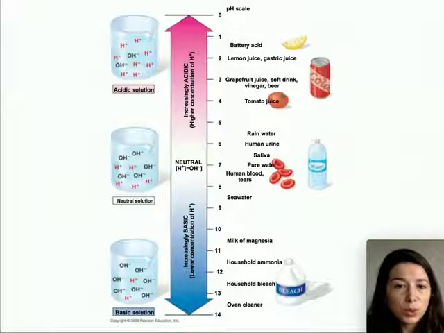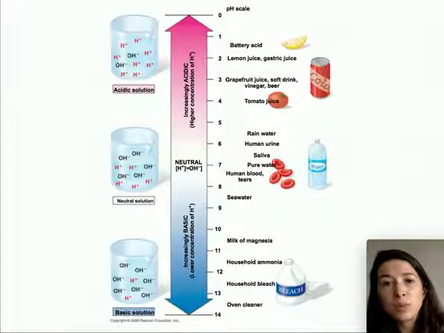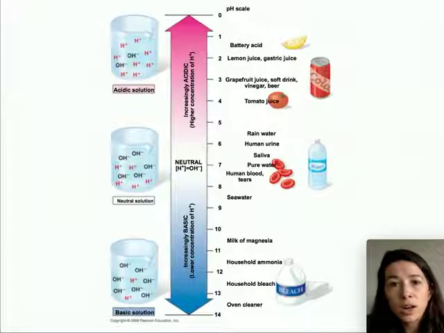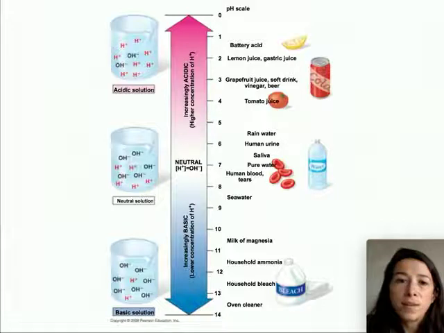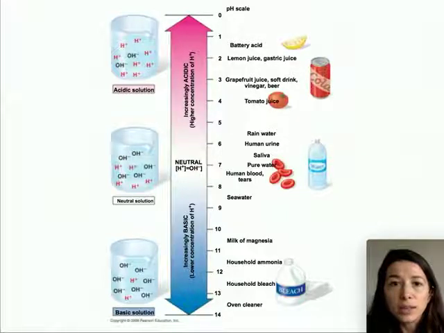So pH is really important for living organisms. If you take your blood pH, which is about 7.4, and change it by even 0.1 pH levels, that's going to have a dramatic effect on your health. So if you go from 7.4 to 7.5, you're going to be one sick cookie.